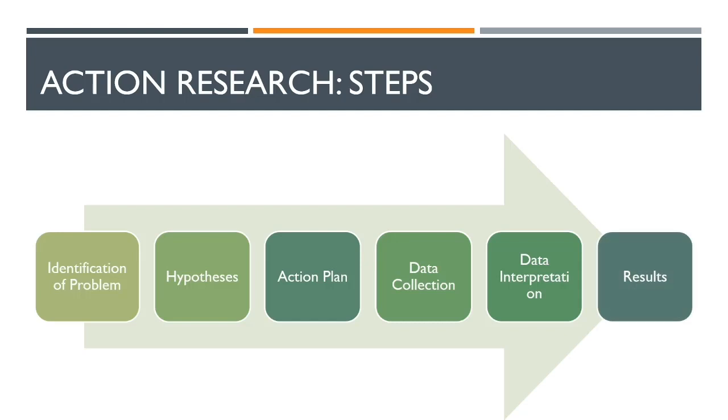And the last stage is of results. Here, the researcher will discuss the findings of the research. In short, we can say that action research is a research carried out by school personnel to overcome regular school problems.